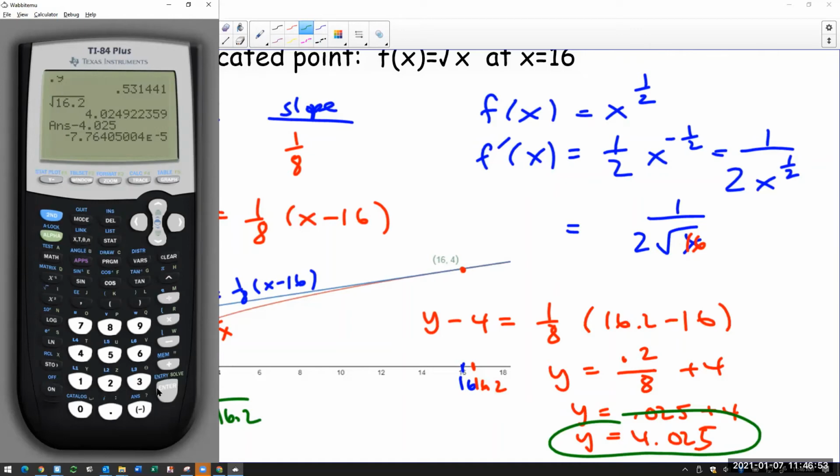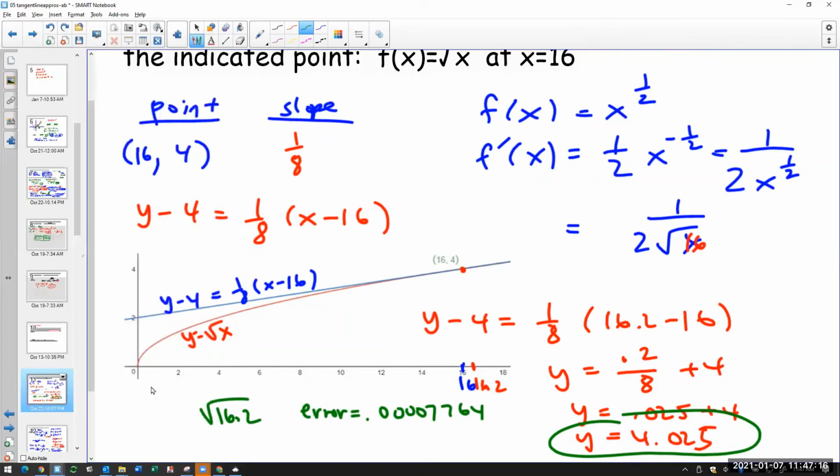This means you move the decimal over by 5 places. So the error would be 0.0007764. I'll tell you on your test how many decimal places to go, but make sure you understand how to read this on your calculator. All right, that's your error.